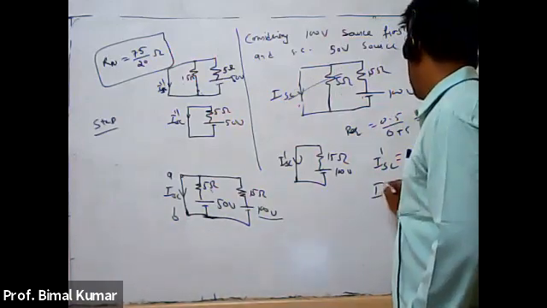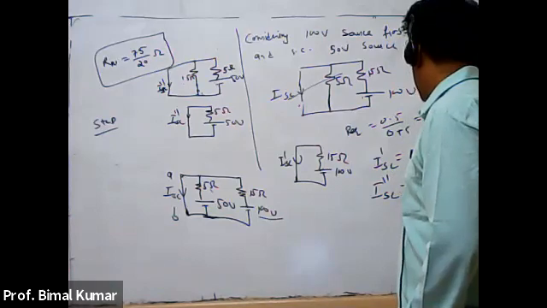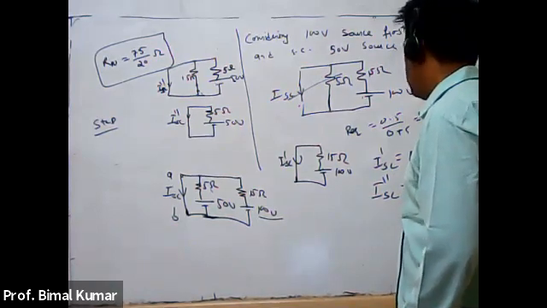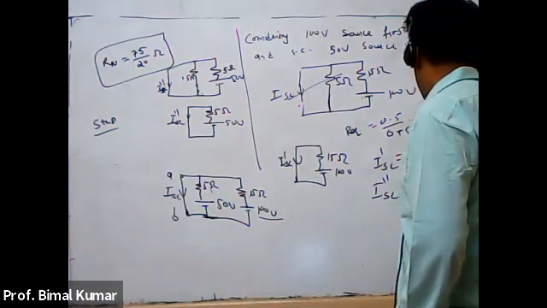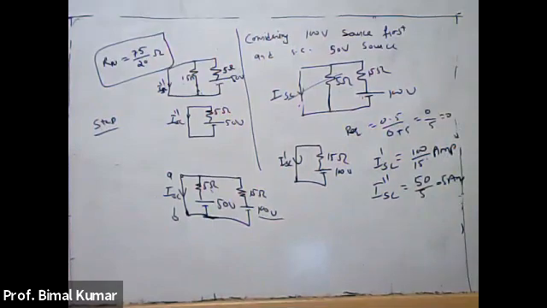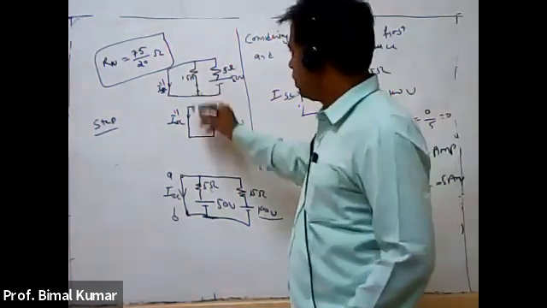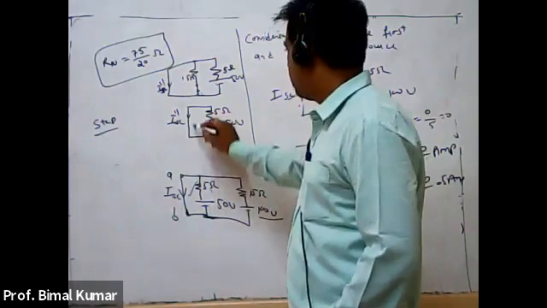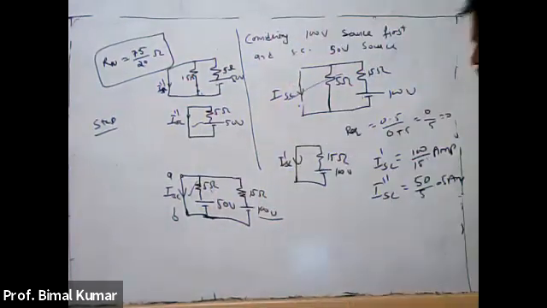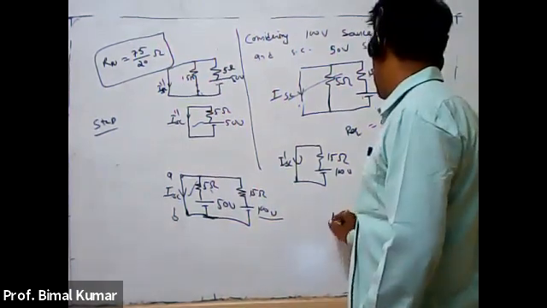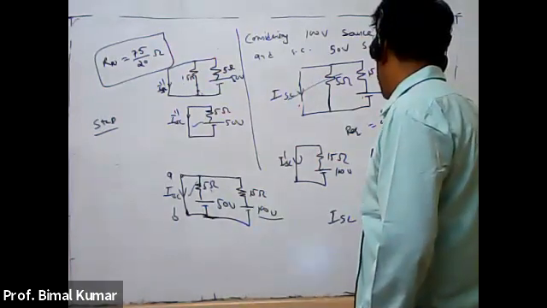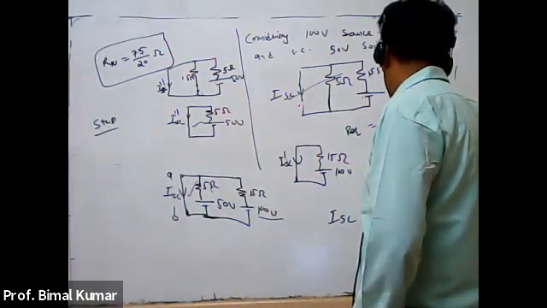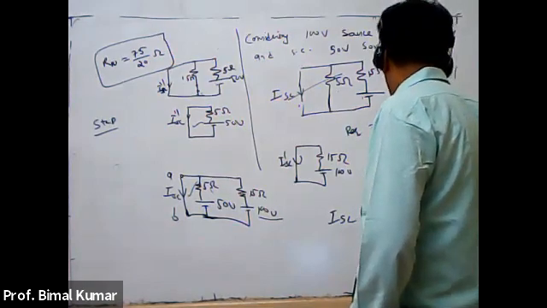So ISC double dash from this circuit is equal to 50 by 5. That means this is your 5 ampere, right? So if you see in both of the cases, ISC dash and ISC double dash, both are in the same direction, in the downward direction. So that means now ISC total will be the sum of ISC dash plus ISC double dash.